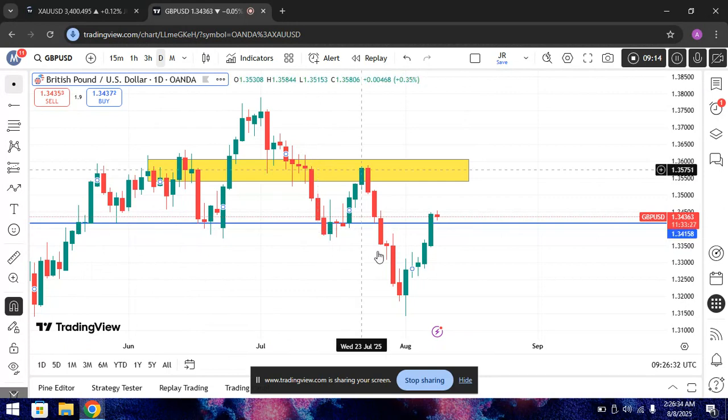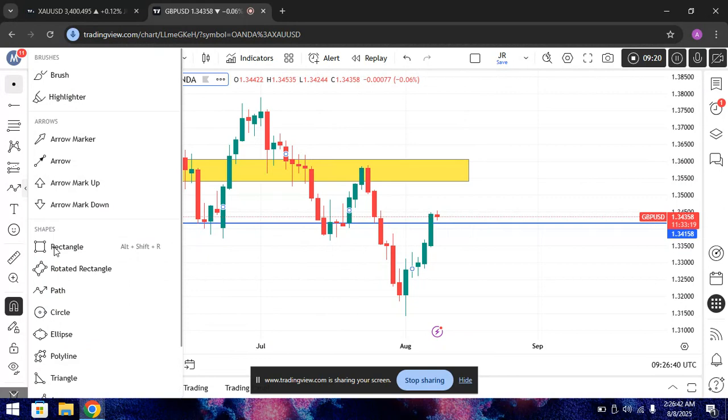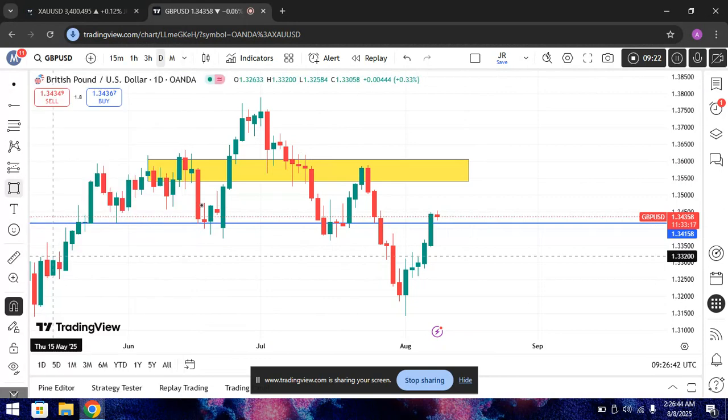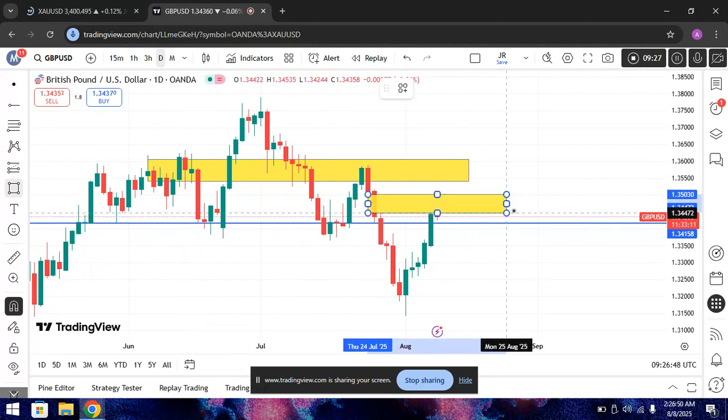At the current price, what I'm focusing on here is this fair value gap. This is my ideal fair value gap.